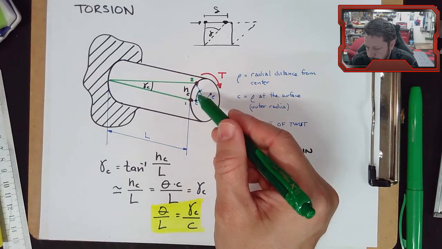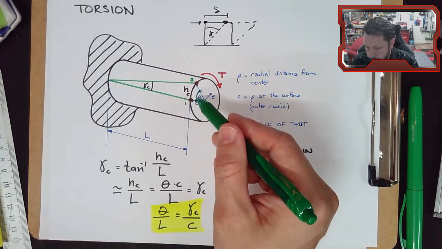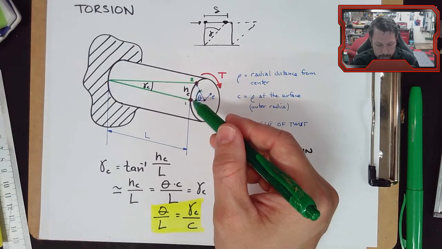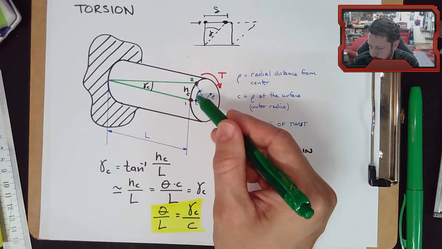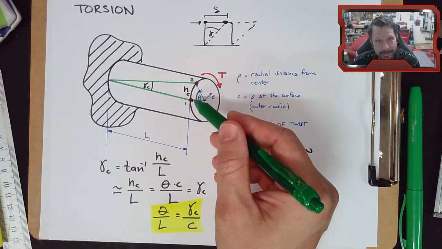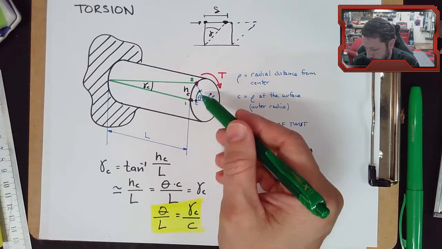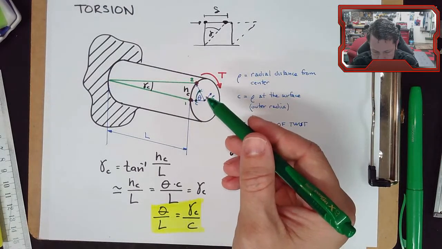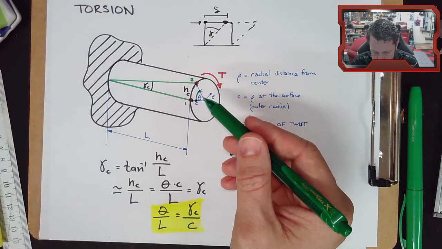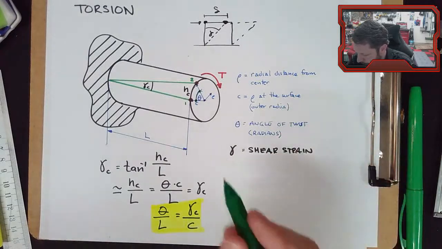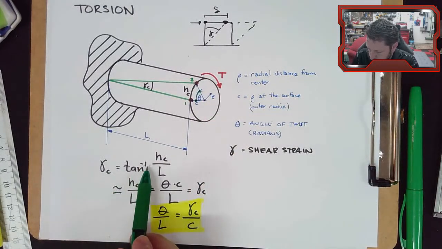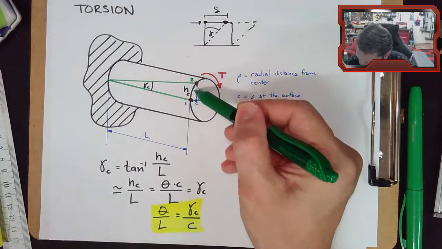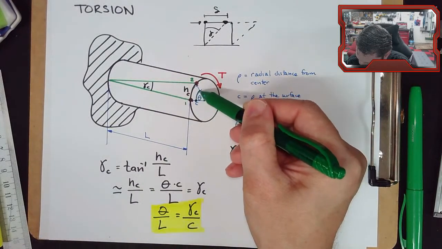It'd be gamma 1 or whatever, gamma rho we could call it, whatever we want to call it, as far as the shear strain inside the shaft. Maybe we'll call it just gamma rho. That probably works. So we could have gamma rho is equal to the inverse tangent of now not HC, not this distance, but this distance.